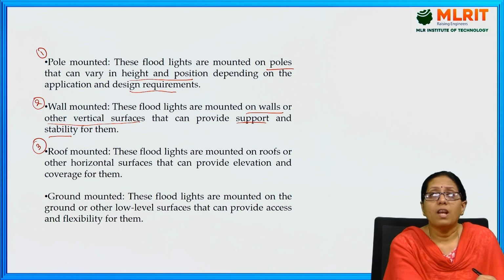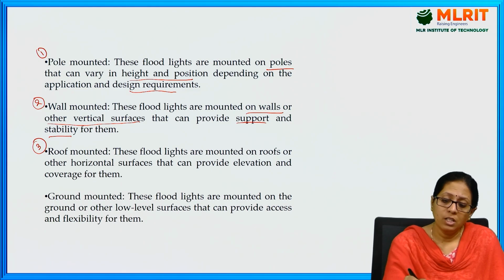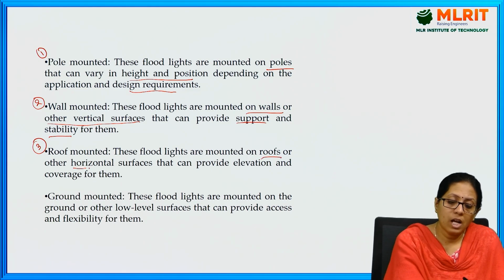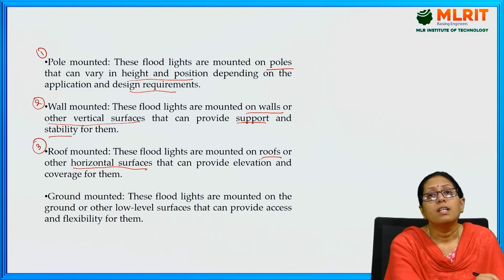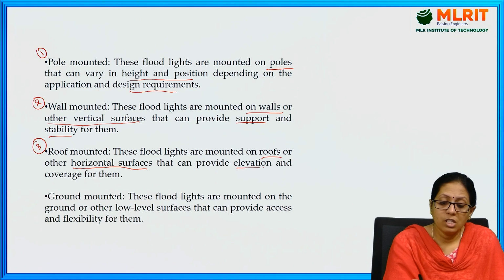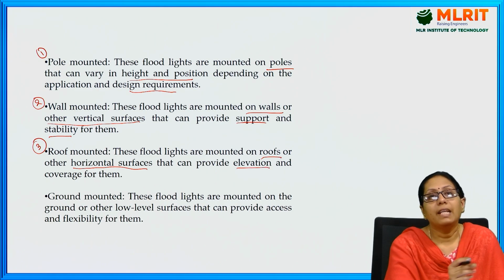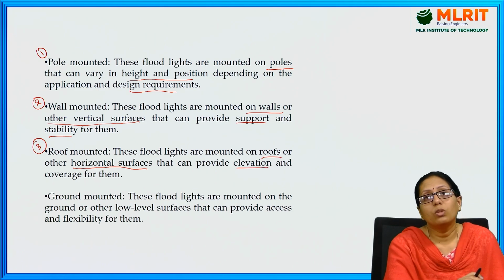These floodlights are mounted on roofs or other horizontal surfaces that can provide elevation and coverage for them. That means the elevation is more, as well as the area to be covered by the light is increased in roof type of mounting.